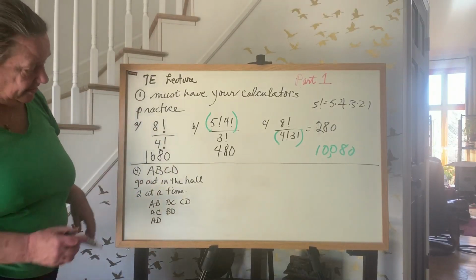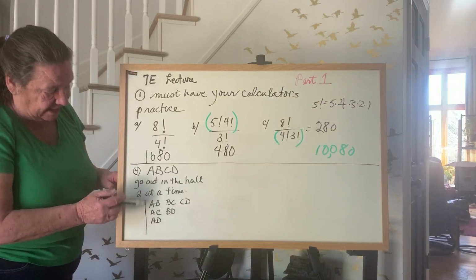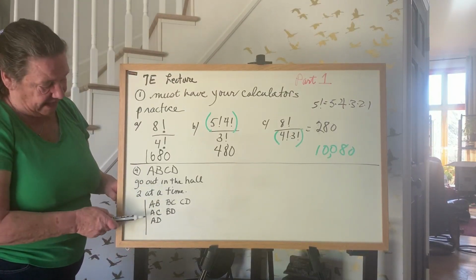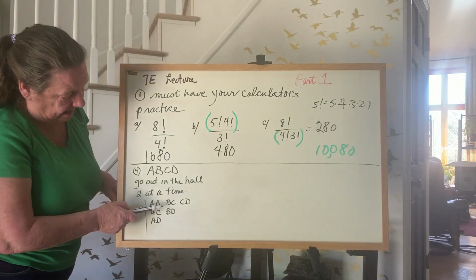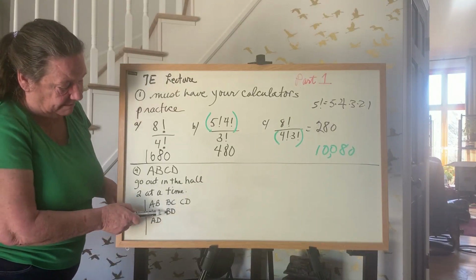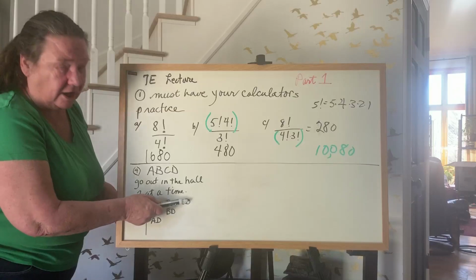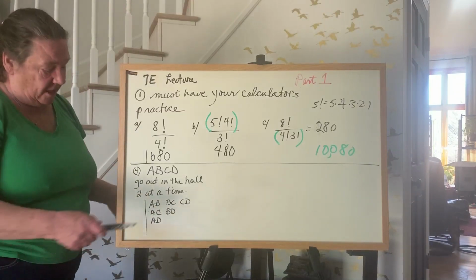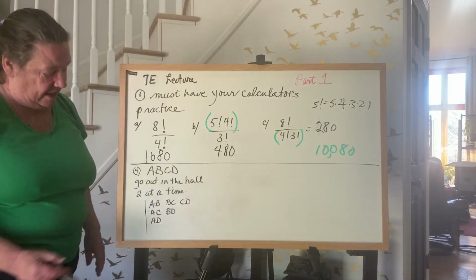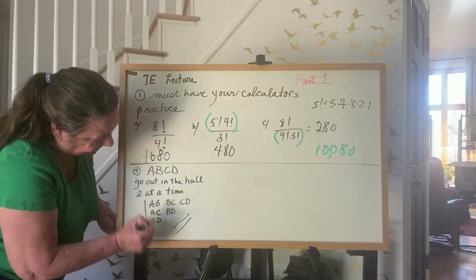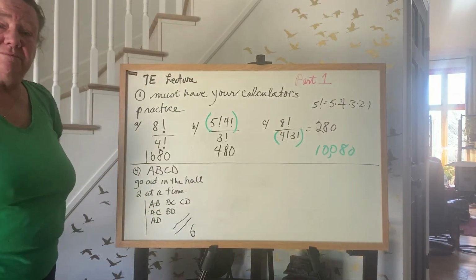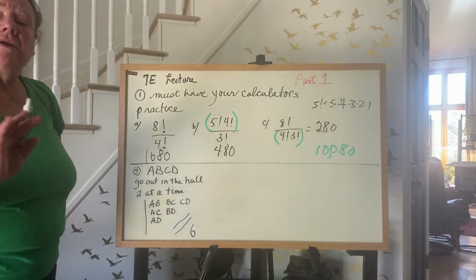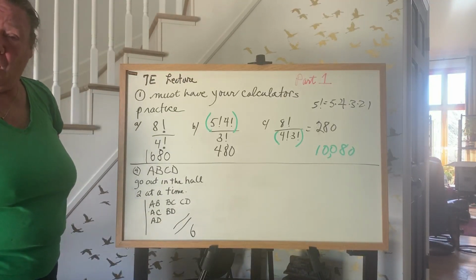So these are the 2 at a times: Abigail and Betsy, Abigail and Charlie, Abigail and David, Betsy and Charlie, Betsy and David, Charlie and David, okay? So we have found that there are 6 groups. We don't care what order they went into the hallway.